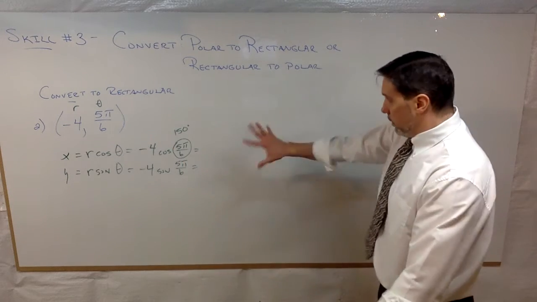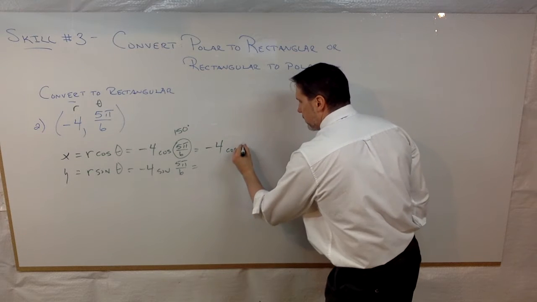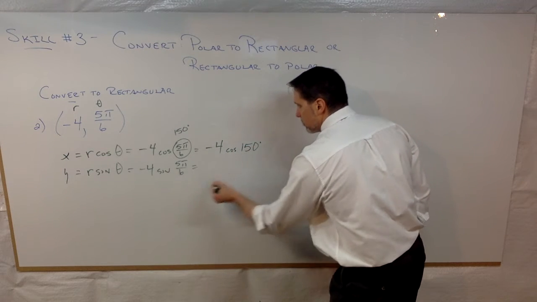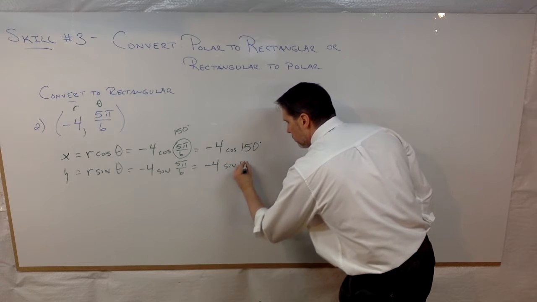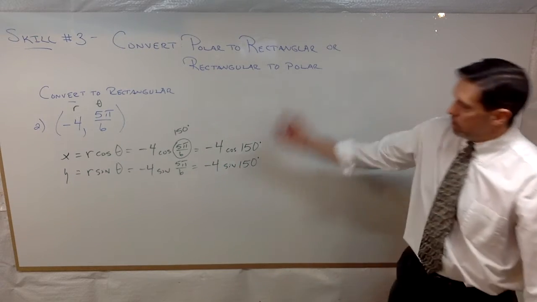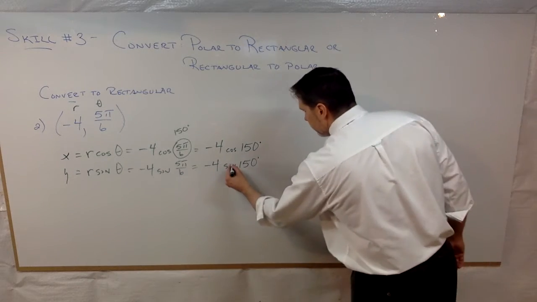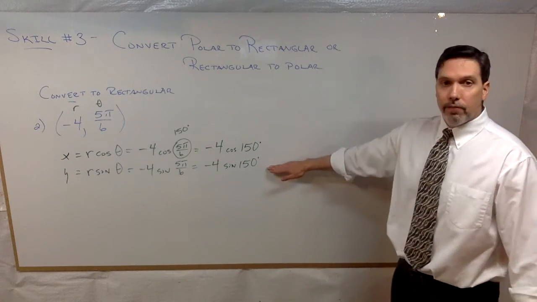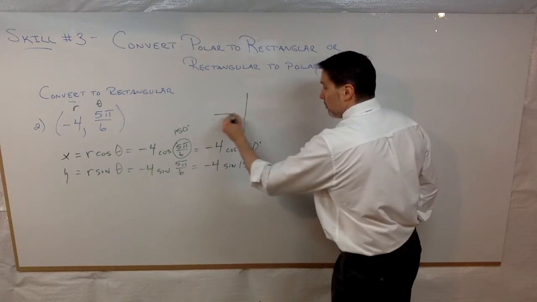All right, so we can take our next step and actually write that out, and it's probably not a terrible idea, especially when we're first doing these, just to see every step in gory detail. So it's -4 cosine 150, -4 sine of 150. Now 150 is a little bit large. It does have a reference angle, so I'm going to draw that.